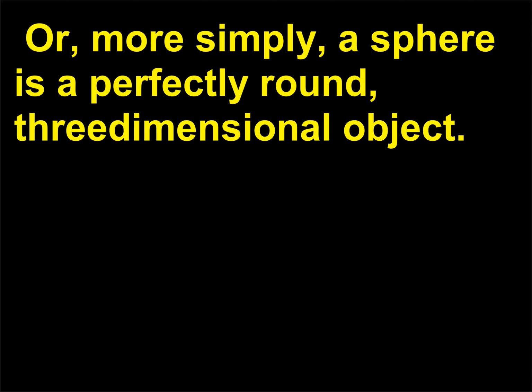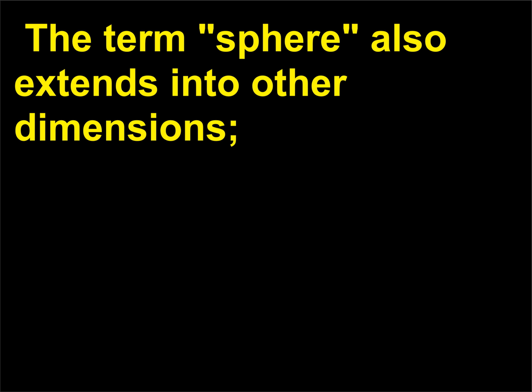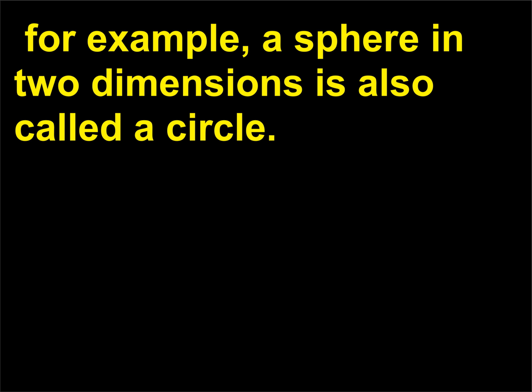Or, more simply, a sphere is a perfectly round, three-dimensional object. The term sphere also extends into other dimensions. For example, a sphere in 2 dimensions is also called a circle.